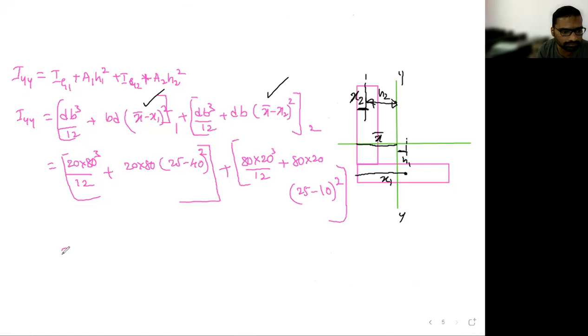Now calculate the answer. Again you will get a big digit number. Just press the ENG button and write it in terms of 10 raised to 6.